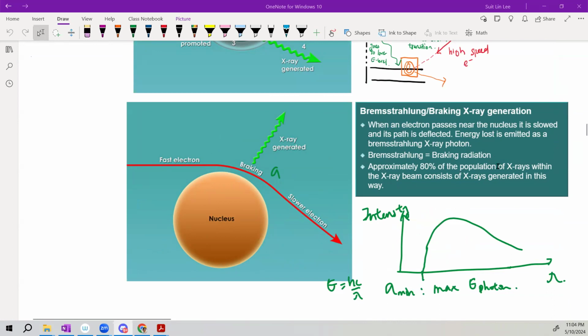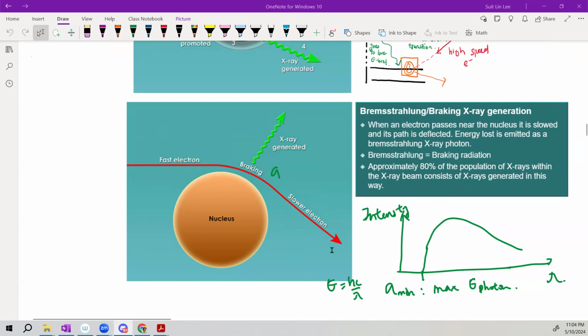So around 80% of the X-ray is photon. So it's not like I have 100 joule of energy, 80 joule become X-ray. No, no. I have 100 photon, 80 photon become X-ray. These are discrete packets of energy. Okay. So the more intensity means more number of photons. And why do I get photon?